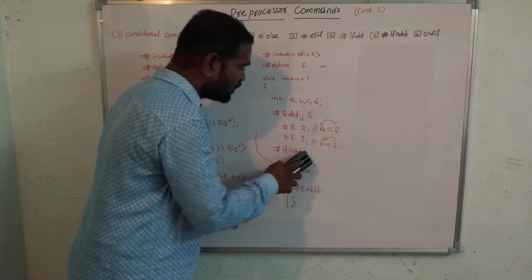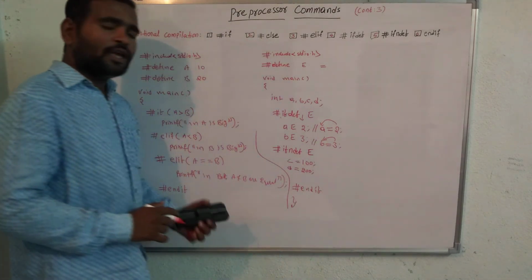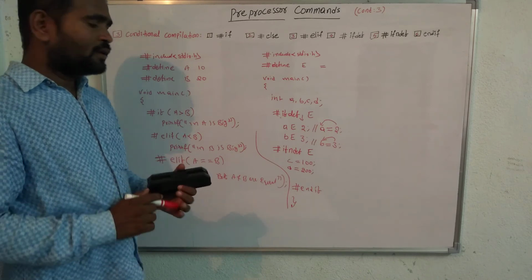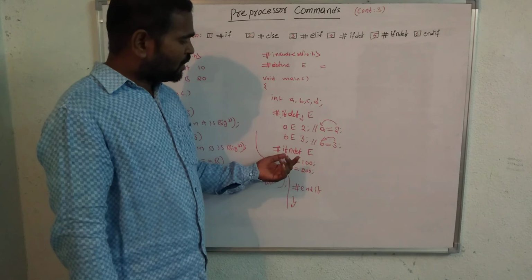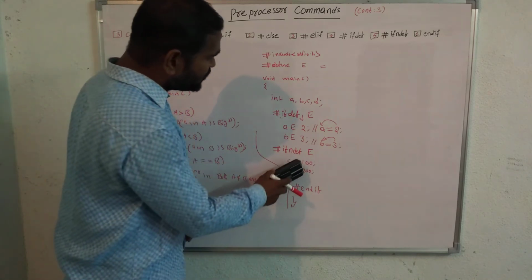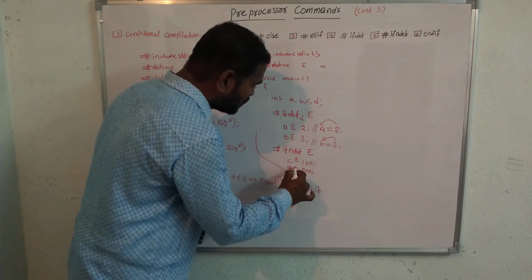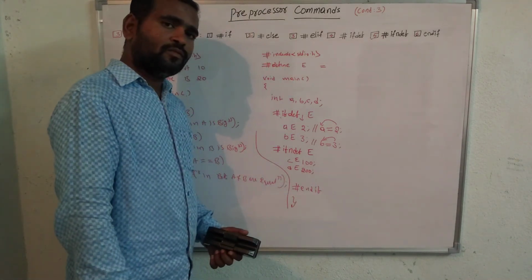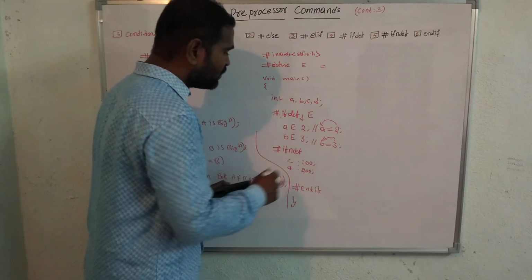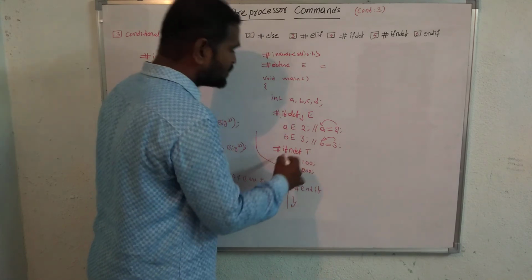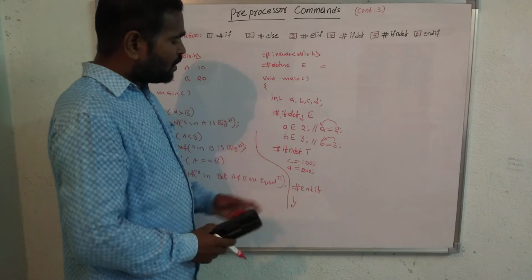Suppose, please observe here, suppose here I mention E: #ifndef E. No, I defined E. So at that time, in these locations, E is acceptable. So if not defined T, if not defined any particular variable, then only these kinds of statements are acceptable.